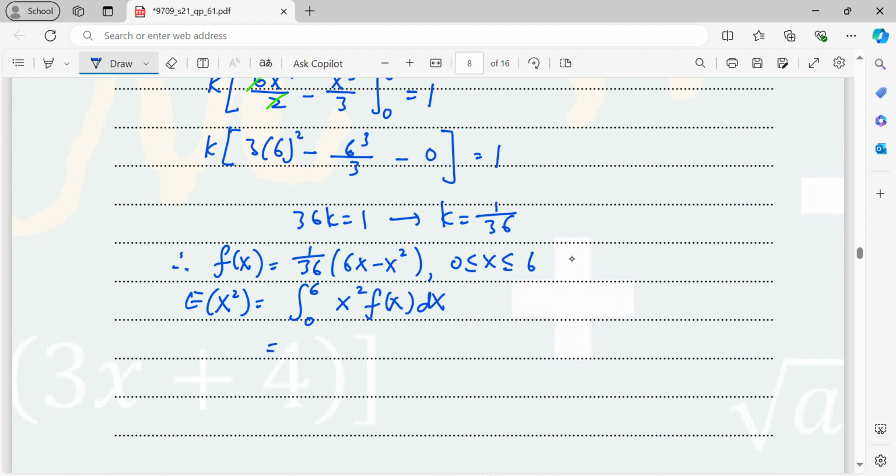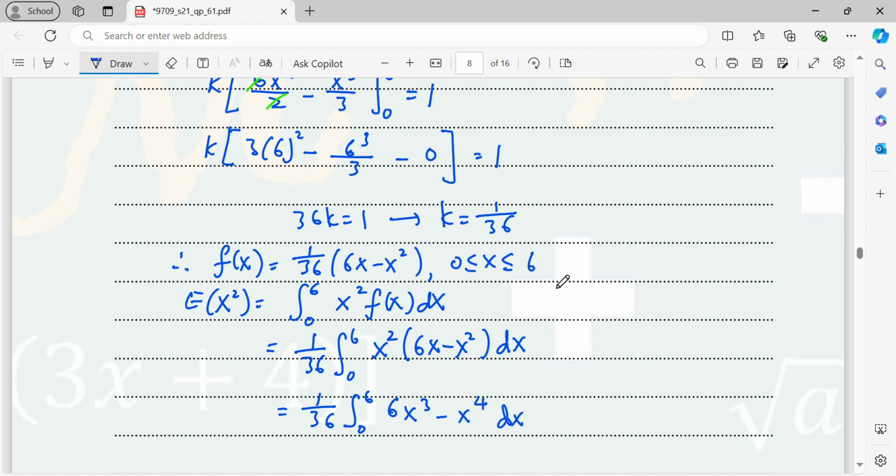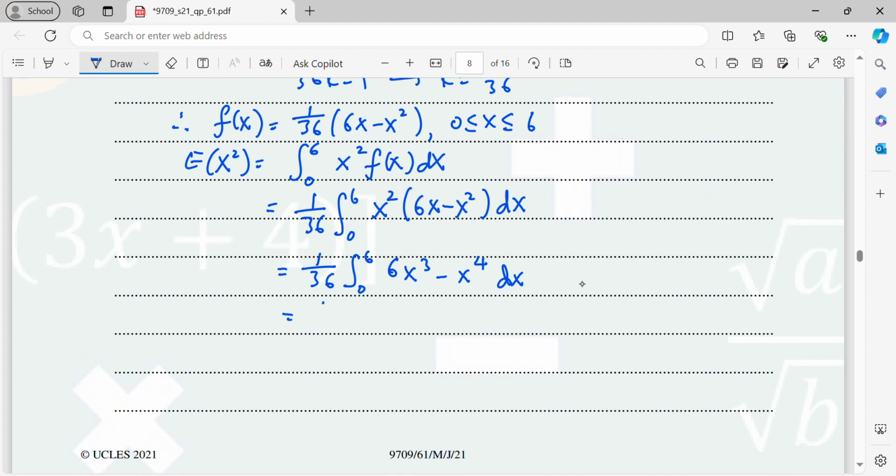So I will take out 1 over 36, and then integrate from 0 to 6 x squared multiplied by 6x minus x squared. When you do multiplication before we integrate, you will be getting 6x cubed minus x to the power 4. For the integration, we just add 1 to the power. That is going to be 6x to the power 4 over 4 minus x to the power 5 over 5, with limits from 0 to 6. Now replace the values.